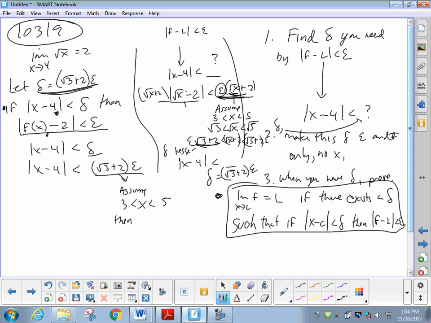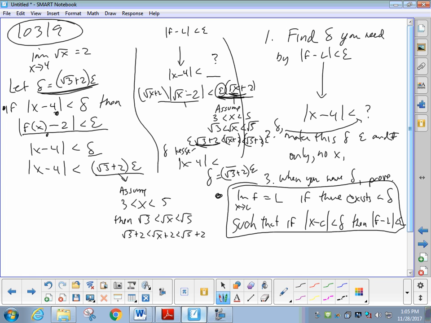Now, if x is close to 4, then after that, we are trying to get the square root of x, and we said it must be the case that that's true. Furthermore, if I add 2, that must be true. You tracking?